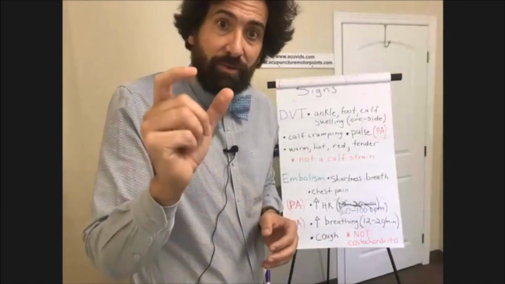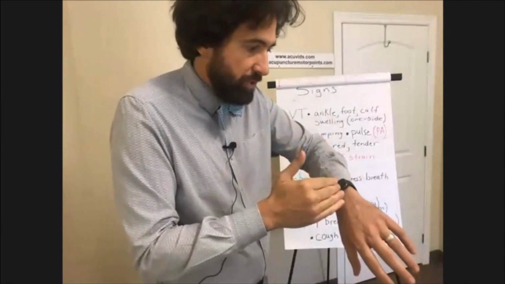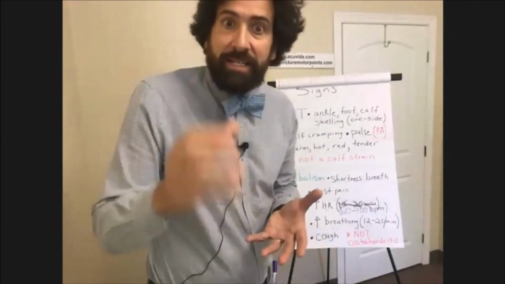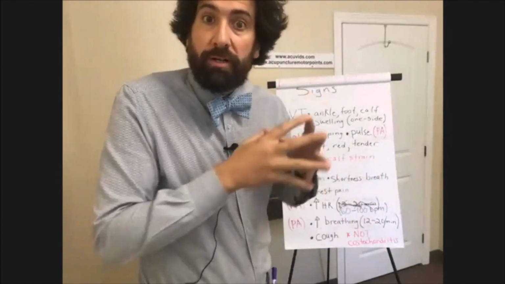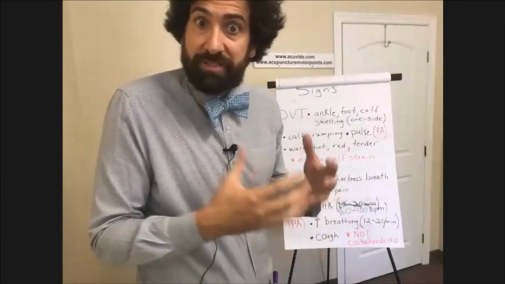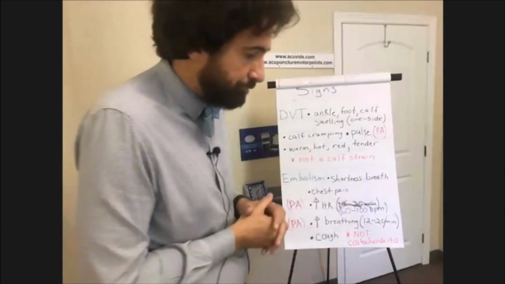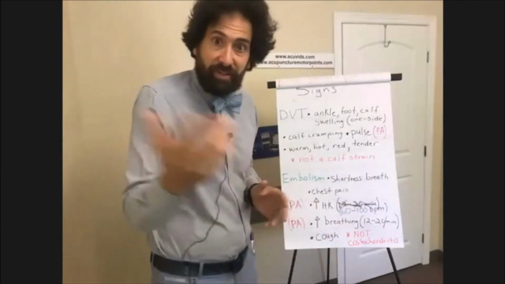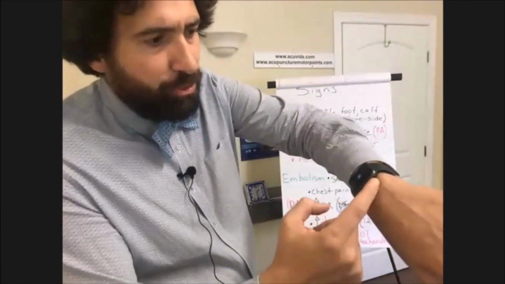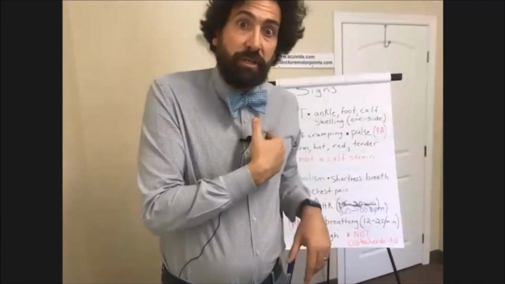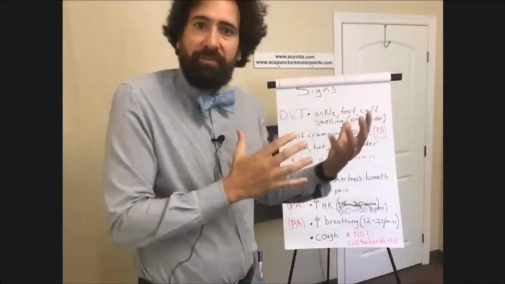In fact, in a recent study, the Apple Watch, not the number 4, this is the number 3, the lower version, is 97% accurate in detecting heart irregularities, irregular heartbeats. In fact, the number 4, and I haven't seen this, this is the crown of the watch, the dial. You can put your finger on the crown and it takes an ECG of your heart. Think of that. The technology is amazing. But I'm just saying, you have it at your disposal. If you use it, use it.